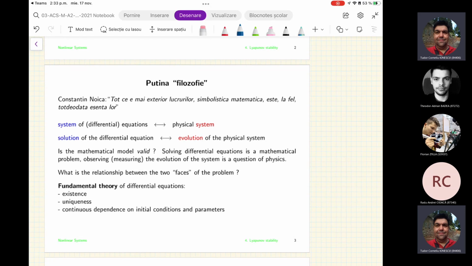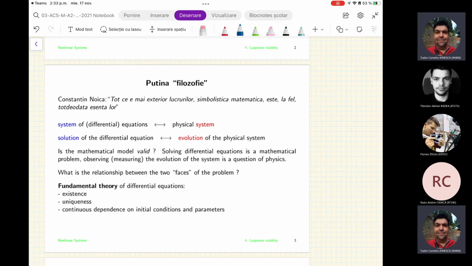So what's the relation between what you measure or observe or simulate and the solution of the mathematical equation? This is the main question we have to ask. So what's the relation between the two faces of the problem, the mathematical part and the physical part?